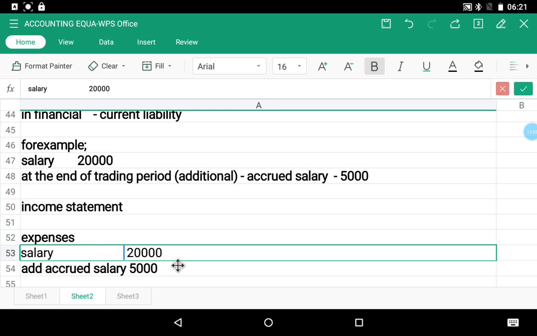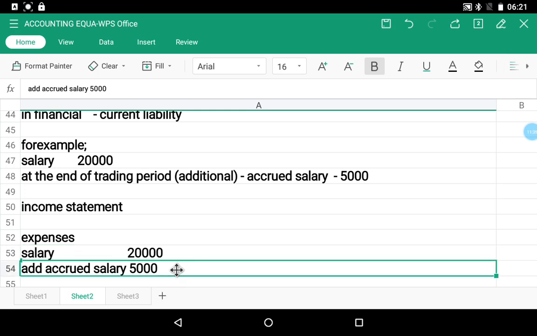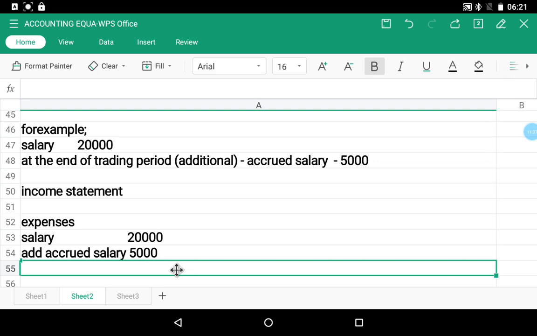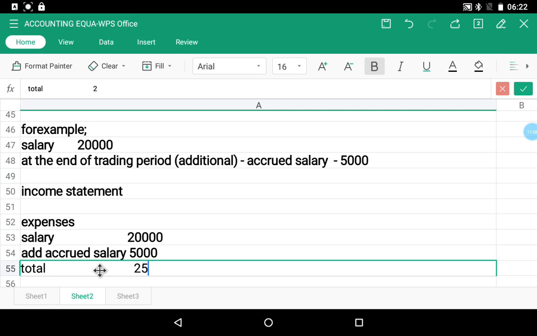So when you get salary of 20,000 plus accrued, we are going to get salary of the year or the total salary. Here our total salary is going to be 20,000 plus 5,000. You will get 25,000.